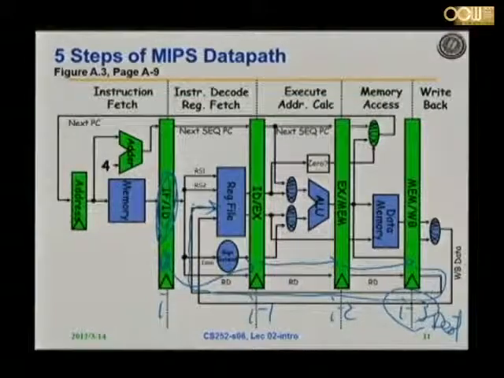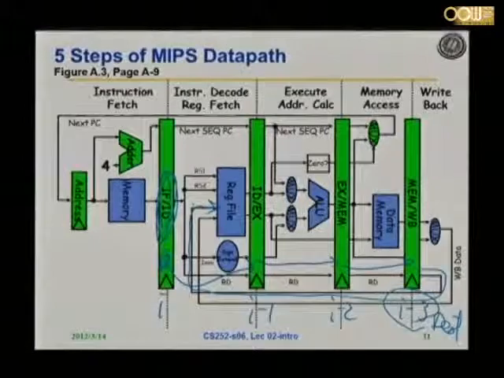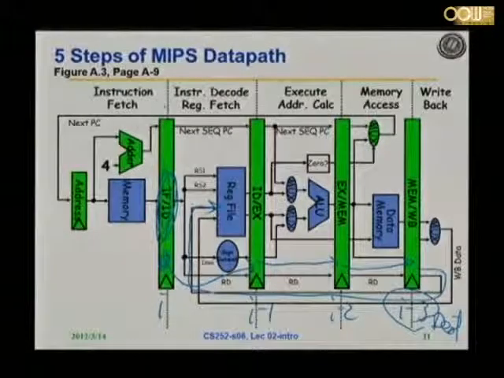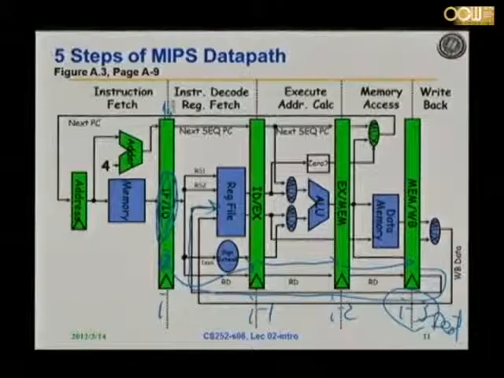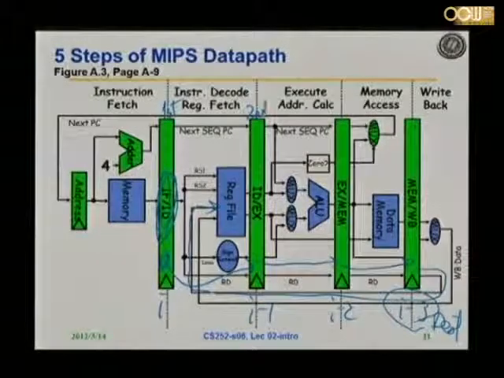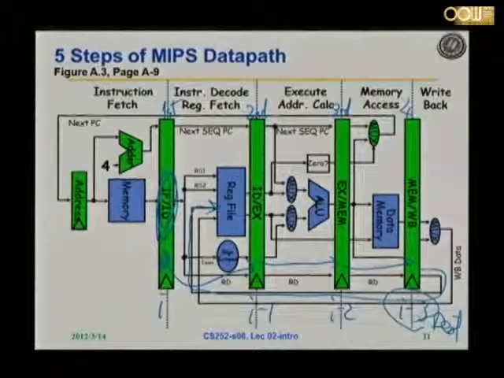And our pipeline depth is how many? 5, remember? So if our pipeline depth is 5, then we should have 5 pipeline latches. The first one being here, second here, third here, fourth here, fifth nowhere.